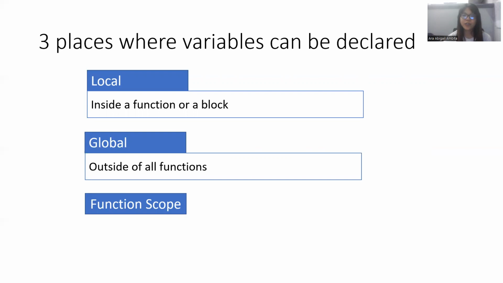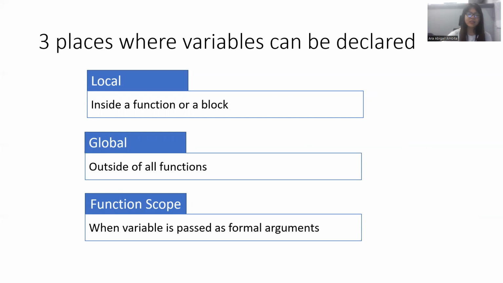Global variables are those that are declared outside of all the functions and therefore accessible to every other function in your code. And then the function scope is when a variable is being passed as a formal argument. In the next videos, we will discuss each of these variables.